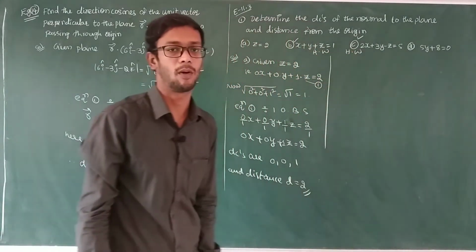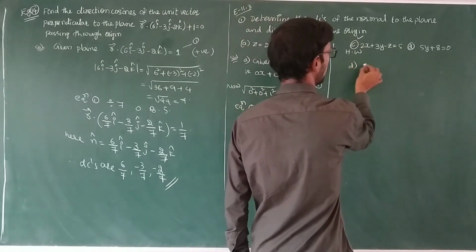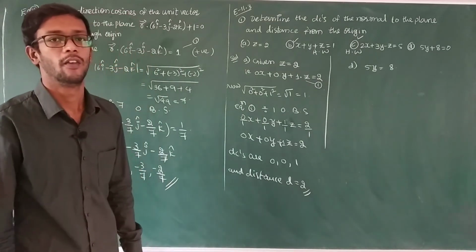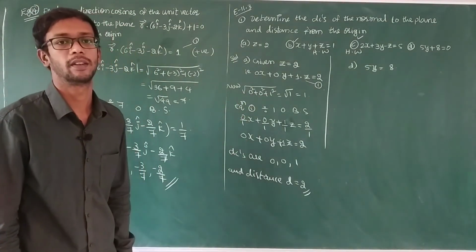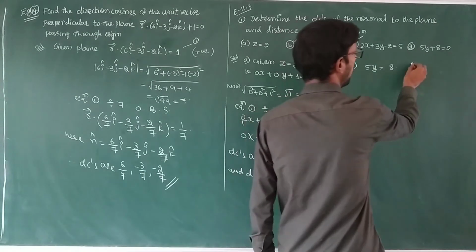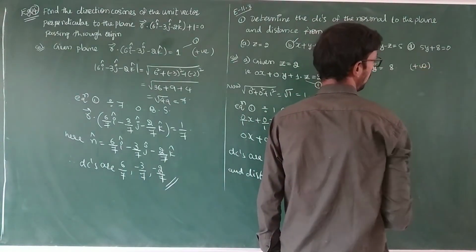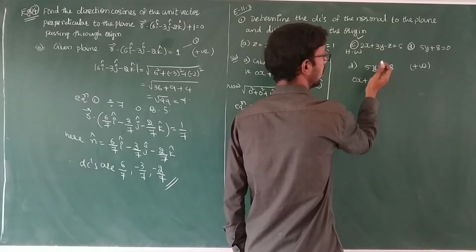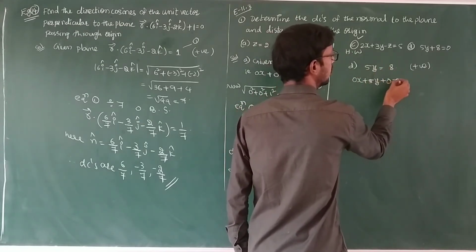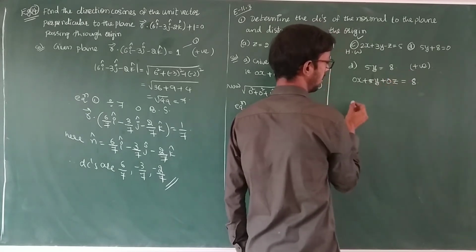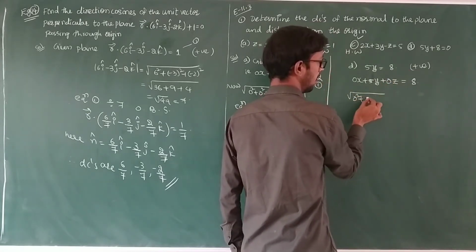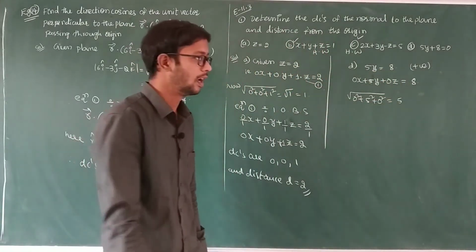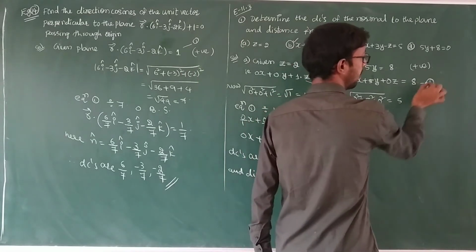Now I will explain problem number D. 5y is equal to 8. Why? Because distance must be positive, so that's why I am taking the right side also positive. 0x plus 5y plus 0z is equal to 8. Square root of 0 square plus 5 square plus 0 square, that is 5. Take this one as equation 1.